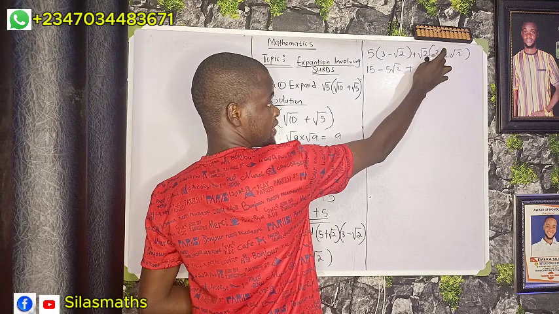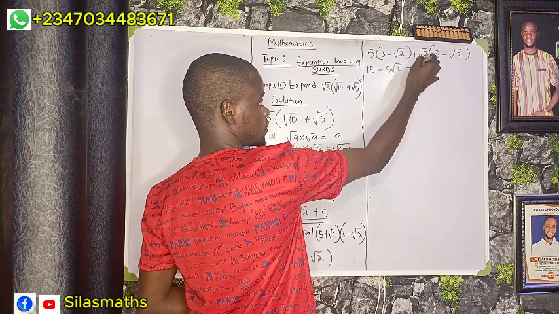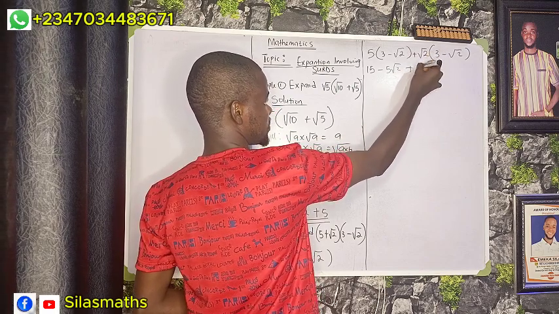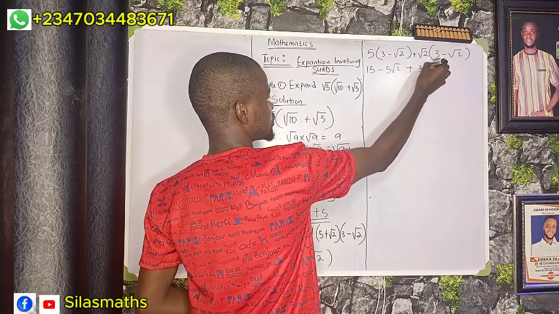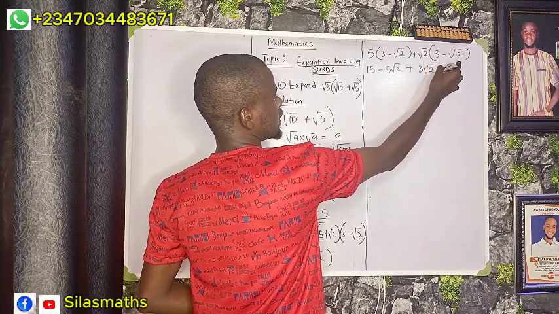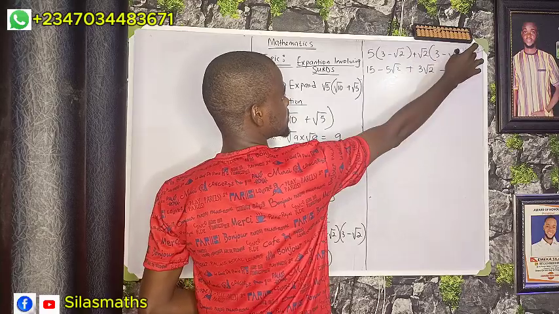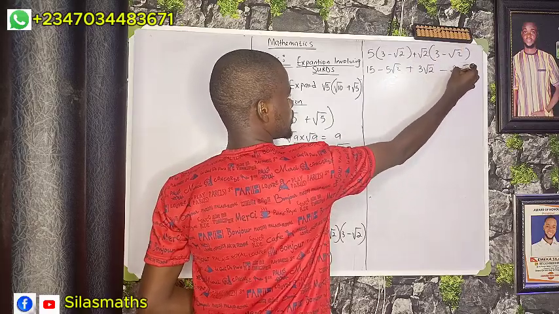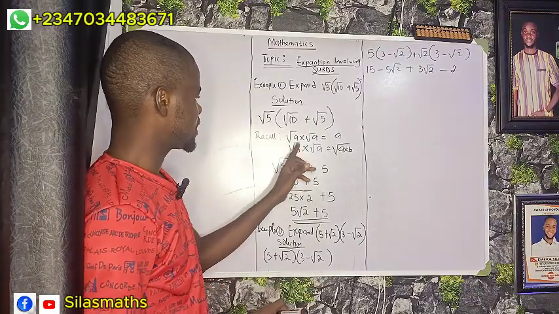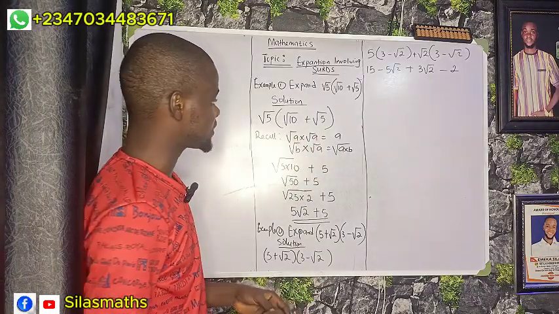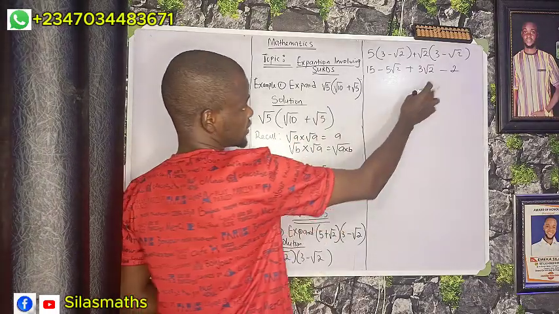Remember this 3 is just an ordinary number, not a surd, so it stays outside: 3 root 2. Then I have my minus sign, then root 2 times root 2 gives us 2. I believe you recall that when two surds multiply each other, it gives us what's inside the square root.